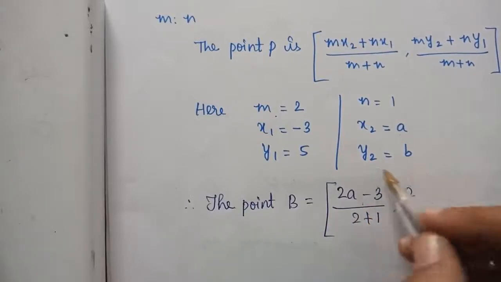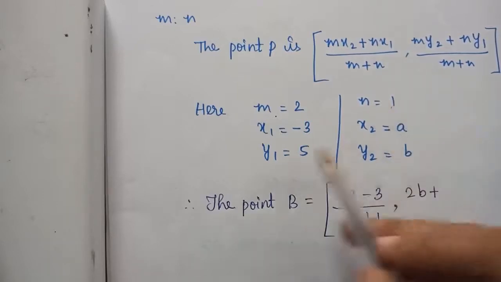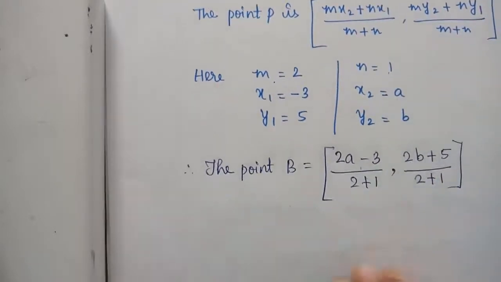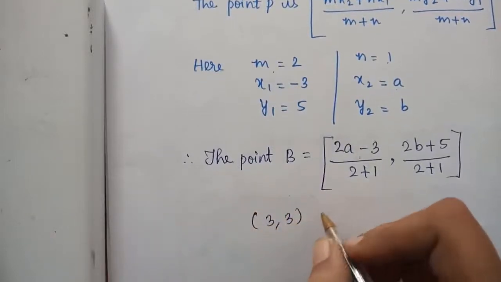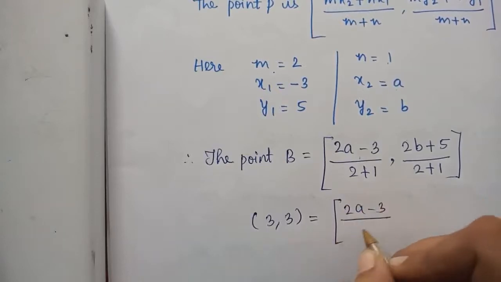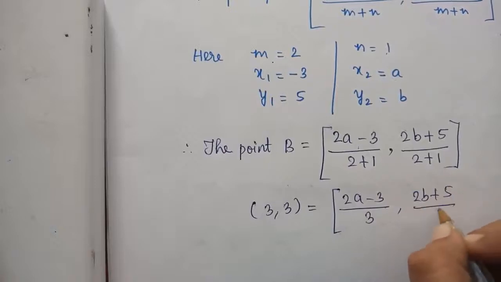Then 2 into y2, which is b, plus n, which is 1, times y1, which is 5. So (2b plus 5) divided by 2 plus 1. The point B is given as (3, 3), which is equal to ((2a minus 3) divided by 3, (2b plus 5) divided by 3).